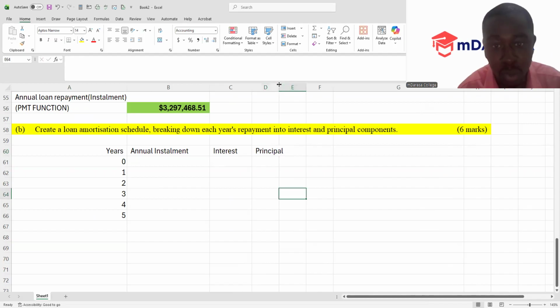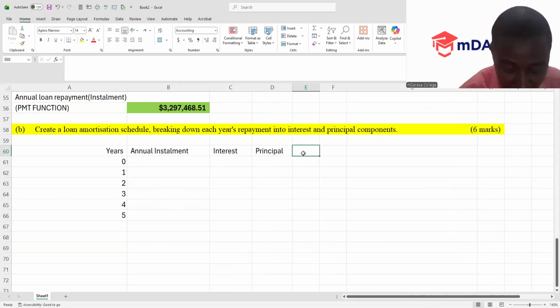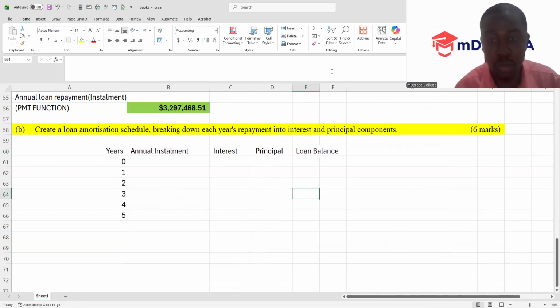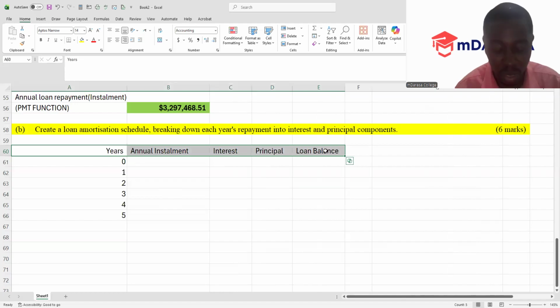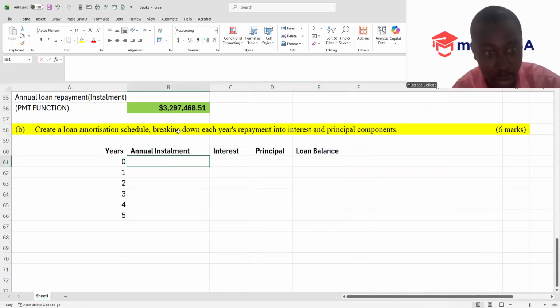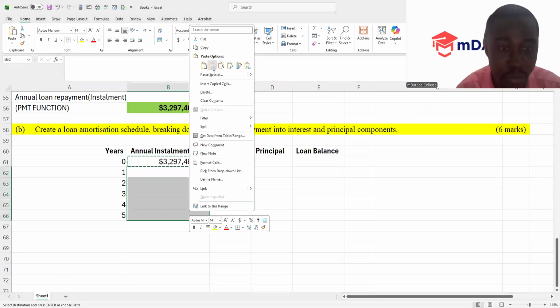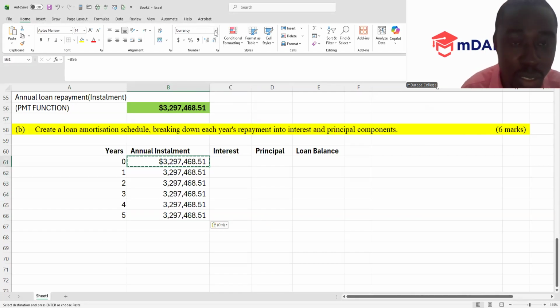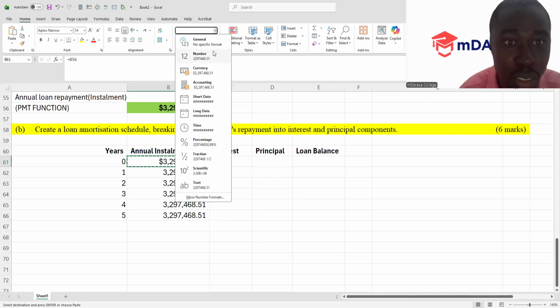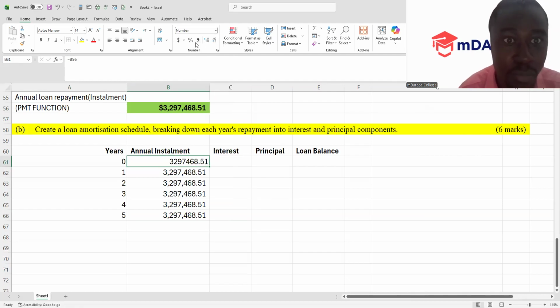We have to also take into consideration the loan balance. See? So once we have these items, this is what you're required to prepare. So how will you go about it? Our annual interest, already we have computed it, which is this value. That is the annual interest that we have computed at that point, yeah?